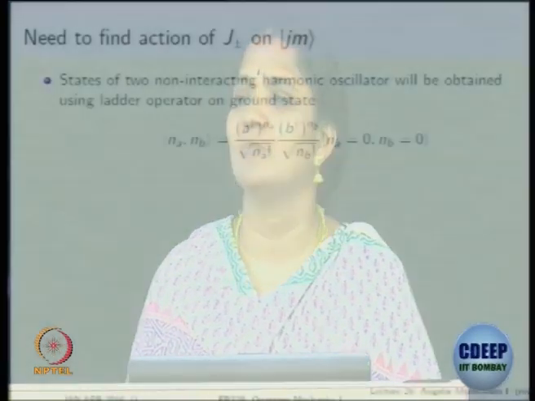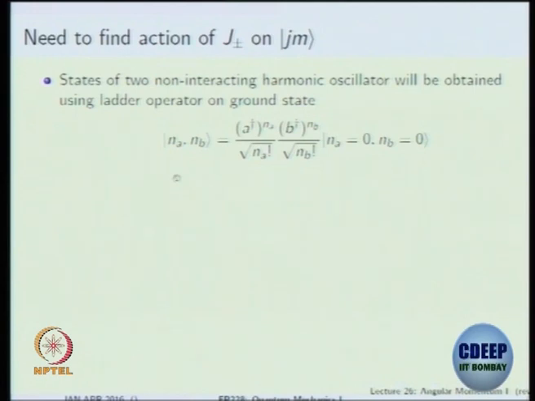Very simple now. You can write any arbitrary number state with an arbitrary Na and Nb in the harmonic oscillator context, two independent harmonic oscillators, as if you have this raising operator A dagger Na times on the ground state or vacuum state with this normalization, and similarly the B dagger Nb times with this normalization on the ground state.